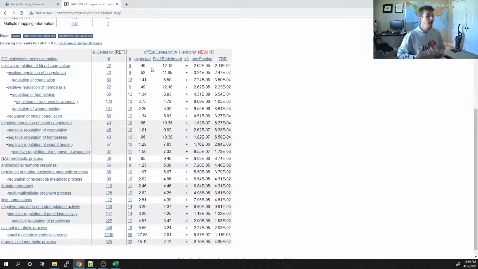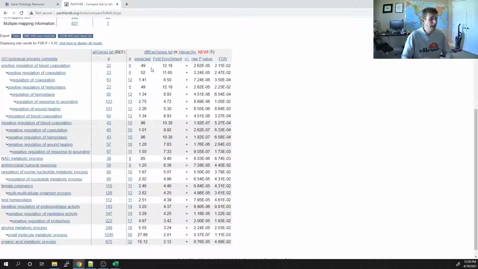If we think of it as a ratio, 22 genes out of 11,000 would be a background rate for that GO term, a really, really small number.